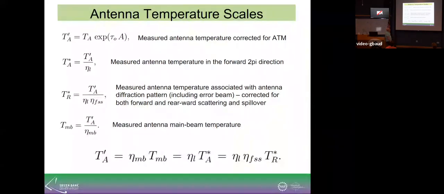It's the fraction of power in the main beam, so what you see in your main beam is reflected in the measured antenna temperature. TA prime, the one corrected for atmosphere, is equal to the rest of them. So if you're talking main beam efficiencies, you need to know eta main beam. If you're doing TA star, then the term you need to know is eta L. If you're talking TR star, then you need to know eta L and eta FSS.